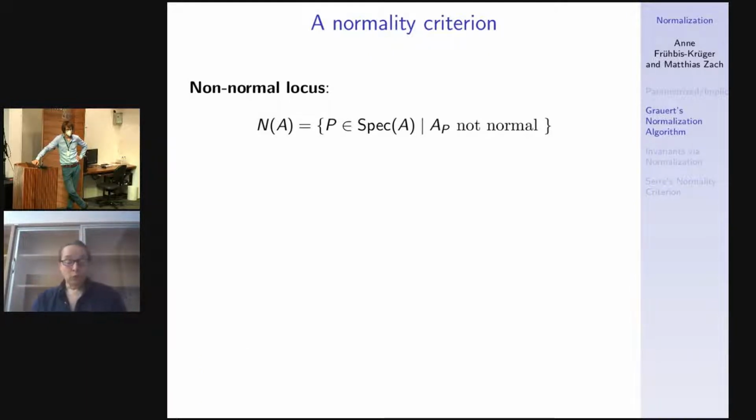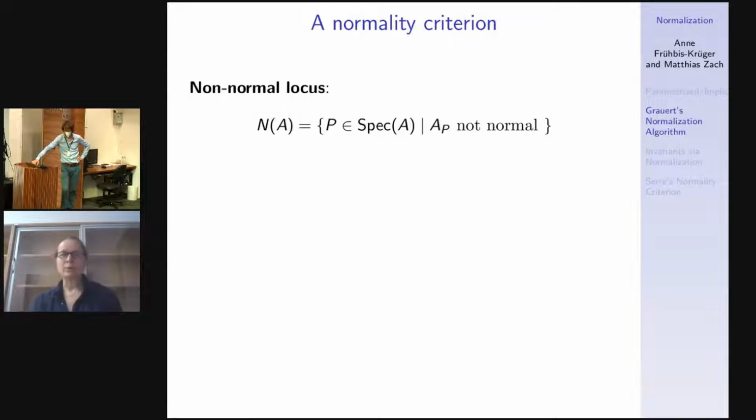Now, normality is a local property. That is, at each point, in the sense of at each prime ideal, you can localize and check whether the ring is normal at that point. And if it is normal at all points, then it is normal.